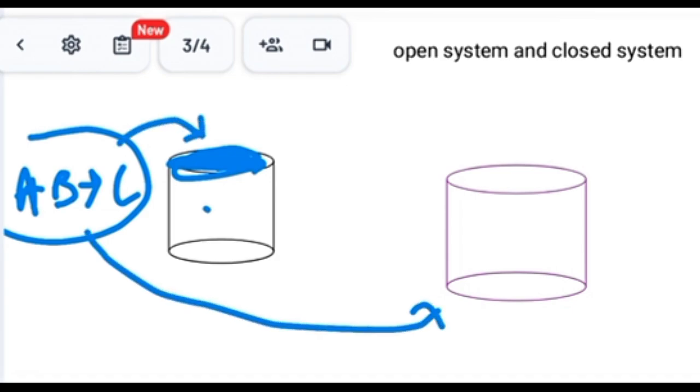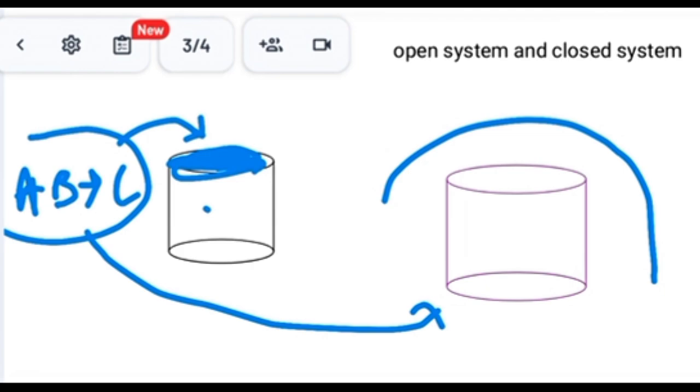Now what's the difference between an open system and closed system? So basically in an open system, it is going to interact with the other gases that are in the surrounding area. So the gases in the air, like oxygen, nitrogen, carbon dioxide. Okay, we've got pollutants.